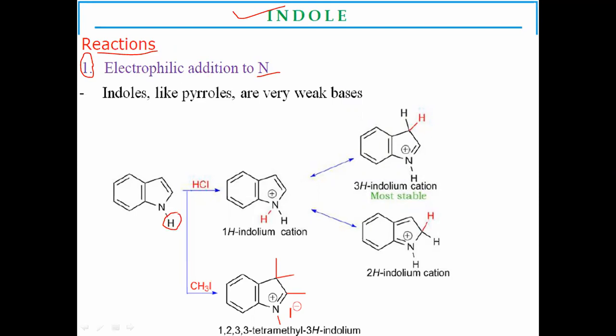The addition of electrophiles on nitrogen. Here the first method is protonation. Indoles undergo protonation. There is an addition of a proton to the nitrogen atom by sharing of the lone pair of electrons to form the indolium cation.